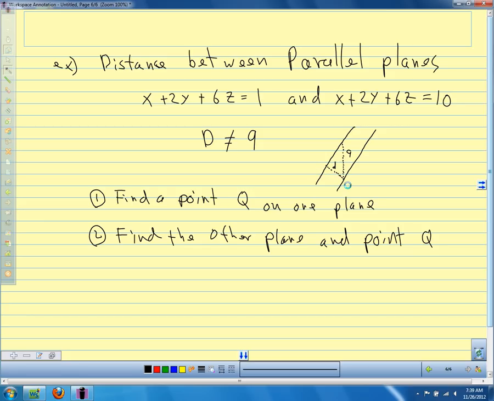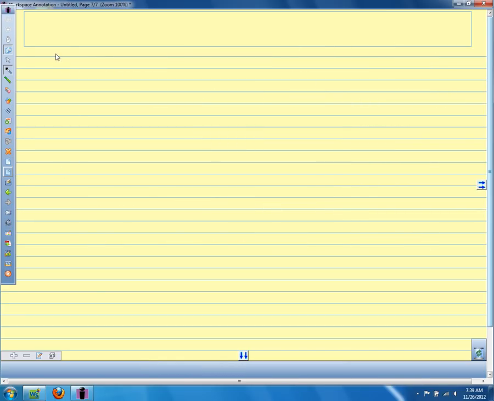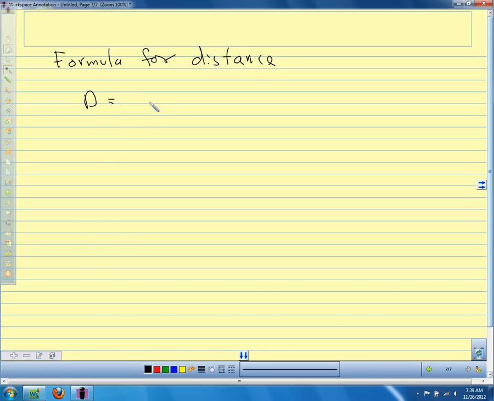All right. The last thing I want to mention is there is a formula. If you like formulas, I don't like to memorize formulas, but there is a formula that we can use for the distance between a point and a plane. So I'm going to take the expression that we came up with before, D equals the absolute value of PQ dot n over the length of n.